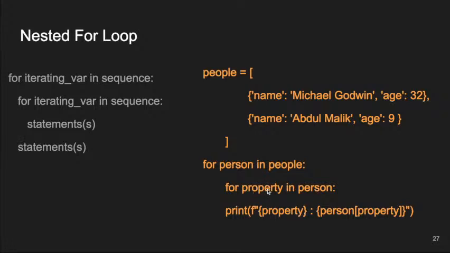Here we're using property. This time we're looping through each of the dictionaries. One property can be name, another property can be age. We'll print the property and then the value of that key property. I want you to try this code and see what you get.